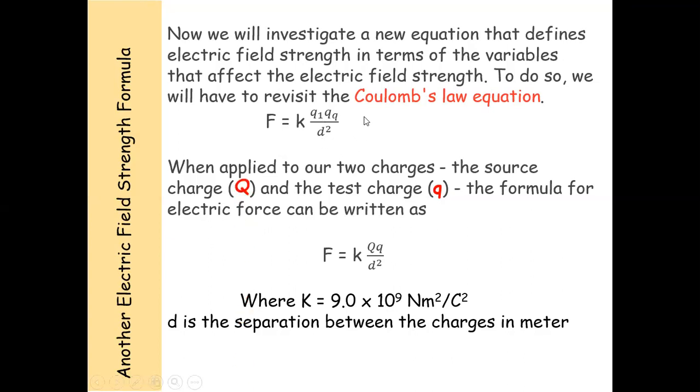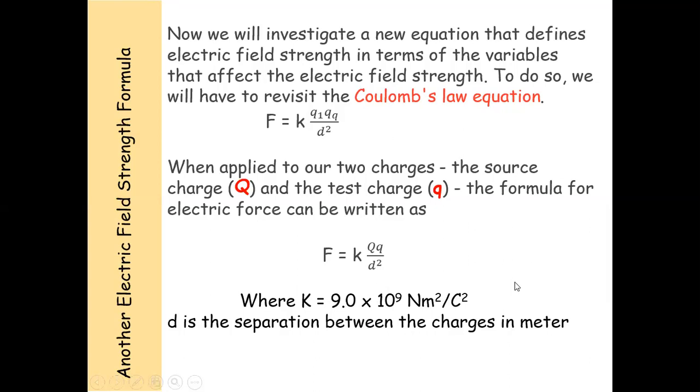We have represented the source charge by q and the test charge by small q, so instead of q1 and q2, we write q and small q, and d is the distance between them, with the square of the distance, where k is the Coulomb's constant and it has a fixed value 9 into 10 power 9 Newton meter square per Coulomb square.